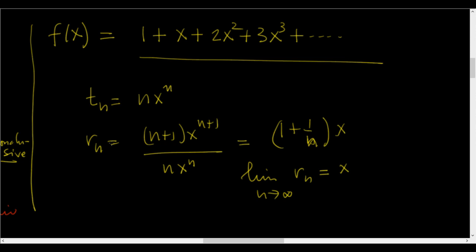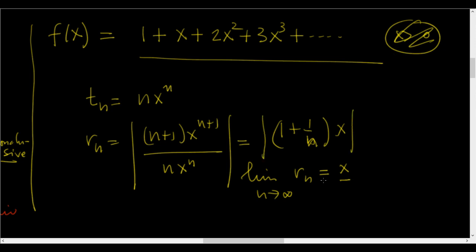Well, let's say x is greater than 0. Okay, so then I have x. Therefore, if I did not have that, then I would have the absolute value here, and then I would just have the absolute value of x, right?